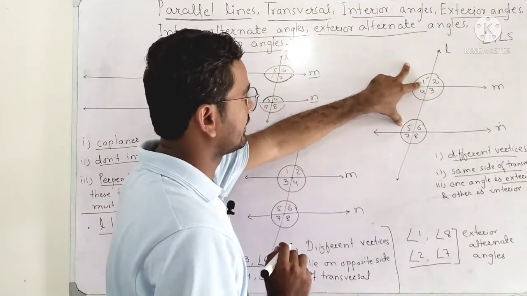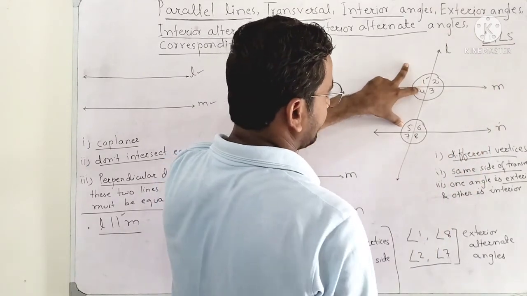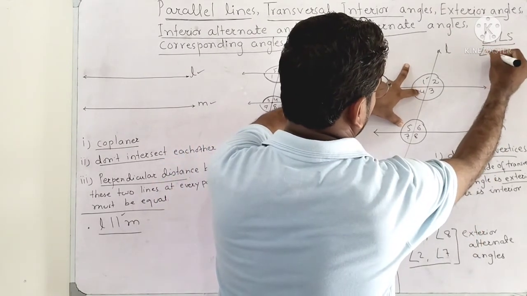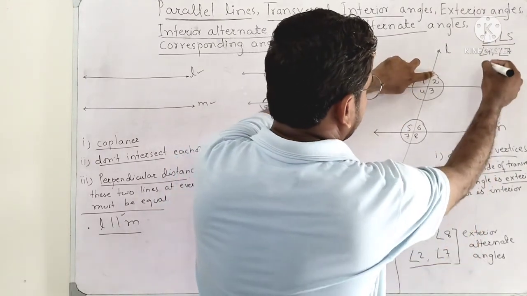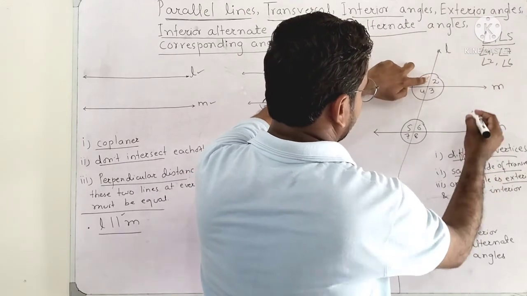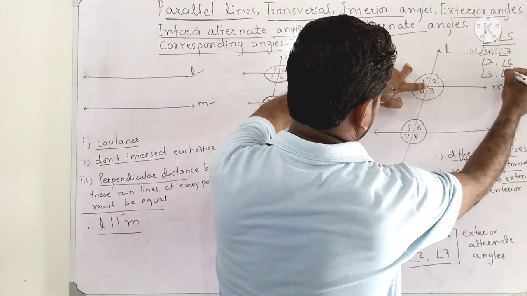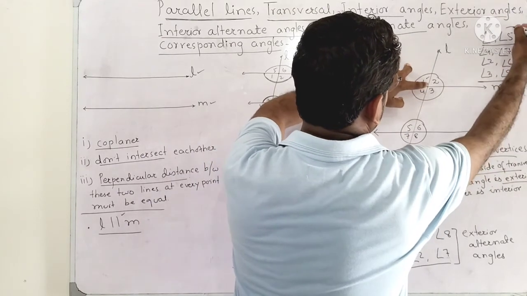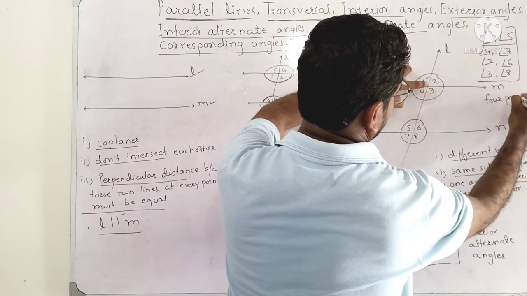So angle 1 and angle 5 are a pair of corresponding angles. Similarly, angle 4 and angle 7 are a pair of corresponding angles. Angle 2 and angle 6 are a pair of corresponding angles. Similarly, angle 3 and angle 8. These are the four pairs of corresponding angles.